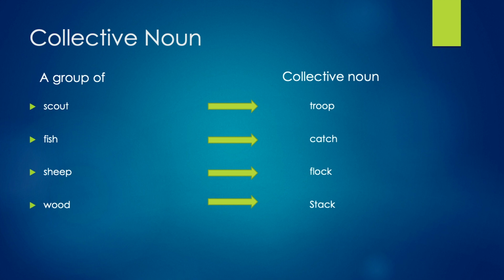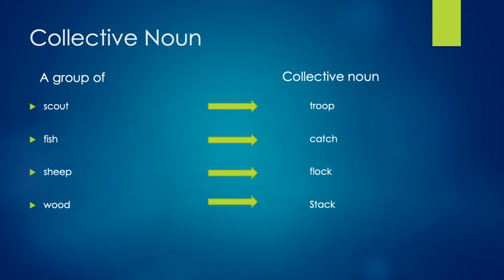Hence, army, troop, catch, flock, and stack are all collective nouns. Since there are so many collective nouns, sometimes we might not be able to remember the exact collective noun for a particular thing. In that case, we can simply use a group of in front of the nouns.